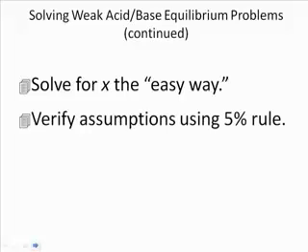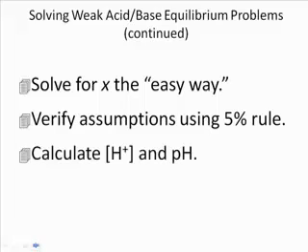The nice thing is that the K values for weak acids and weak bases are typically 10 to the minus 4 or smaller. So many times we can use the approximation that the change in the initial concentration is negligible, and that way avoid having to do a lot of quadratics in the solution process.